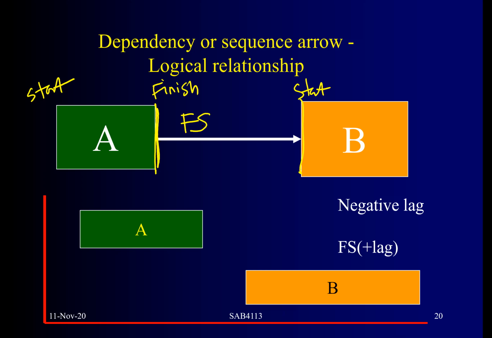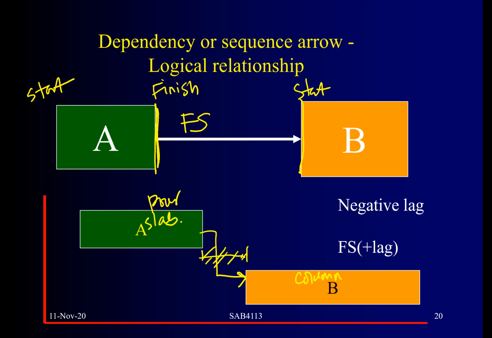Then another scenario, A and then B. You notice that there is a gap here. Okay, there is a gap of time here. Let's say, for instance, you pour concrete. This is slab. You pour the slab, and then this is the next floor column.